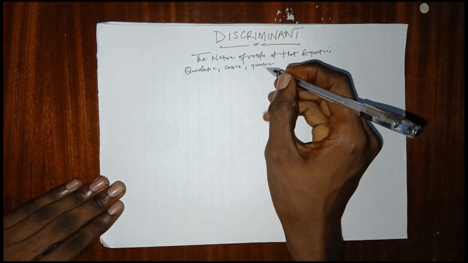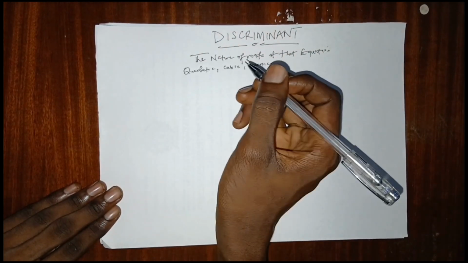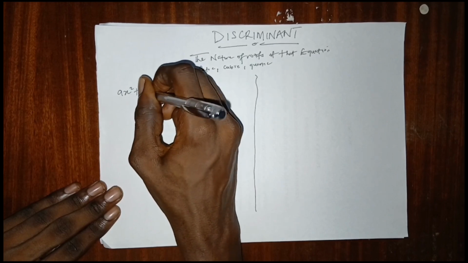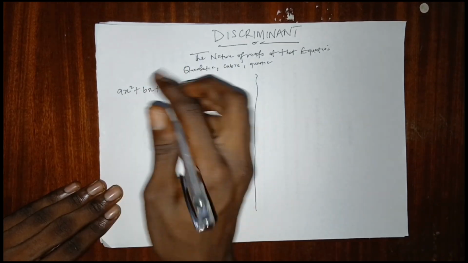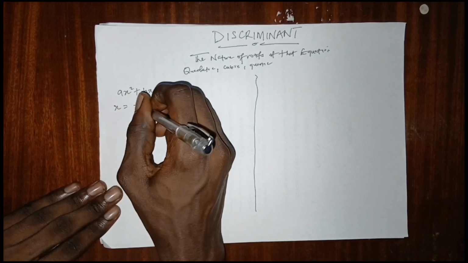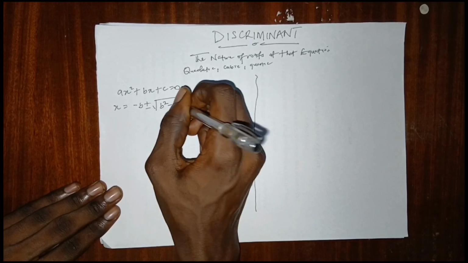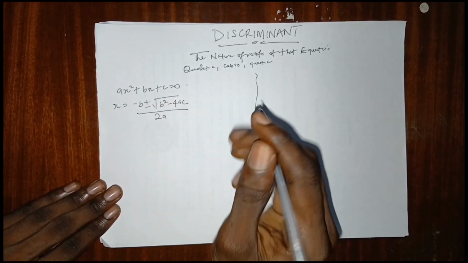This is the general formula for the quadratic equation: ax squared plus bx plus c equals 0. This is the quadratic formula. If you want to solve for x, you have x equals minus b plus or minus the square root of b squared minus 4ac, all over 2a.